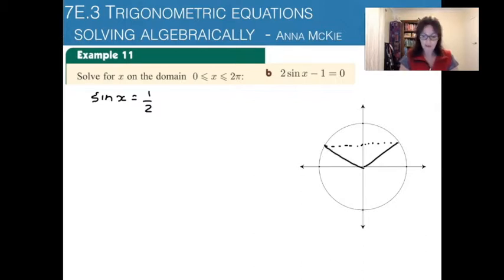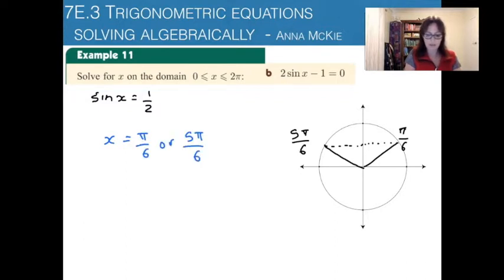That can happen for the pi on 6 family. Forgive my drawing, it's not very accurate, but that is 1 on 6, knowing that the second one would be up there, 3, 4 and 5, pi on 6. There are two answers for the domain we're after, so your answer is when x is pi on 6 or 5 pi on 6.